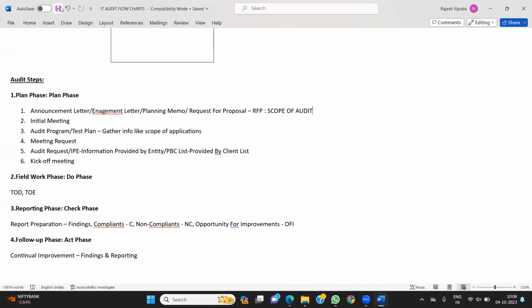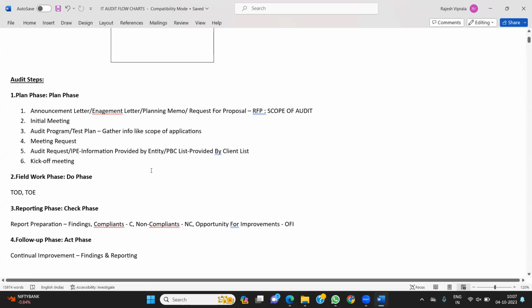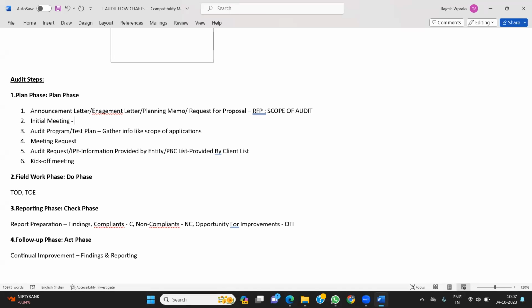In this meeting, there will be something called minutes of meeting, MOM they call it. In this initial meeting, they will discuss all the topics starting from the business. Then later it will go on to the scope of the audit. Then it will give the information about the number of departments associated with this audit scope and the stakeholders involved.